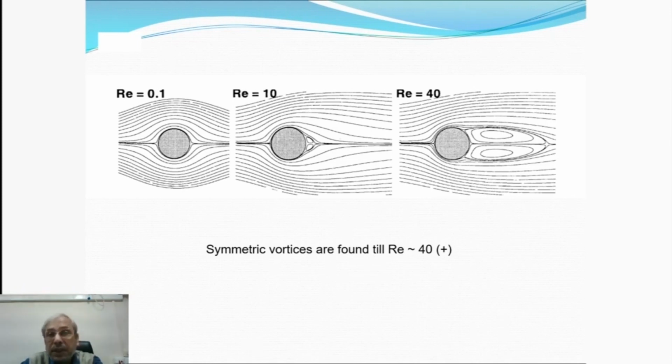Some people got symmetric eddies up to Reynolds number of 47, some people got up to 49, but let us say almost all the correct computations concluded that around Reynolds number of 50, the symmetric vortices are found, but around that, meaning either 47 or 49 or 50, asymmetry creeps in, and this asymmetry basically causes a bifurcation in the flow, and this bifurcation is called Hopf bifurcation.